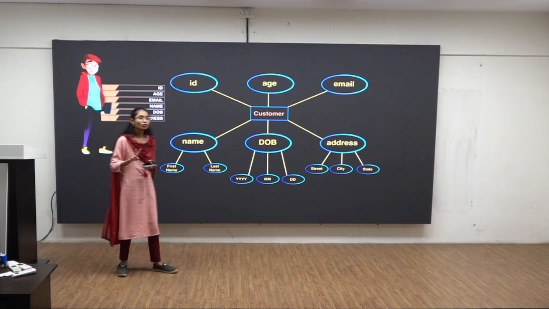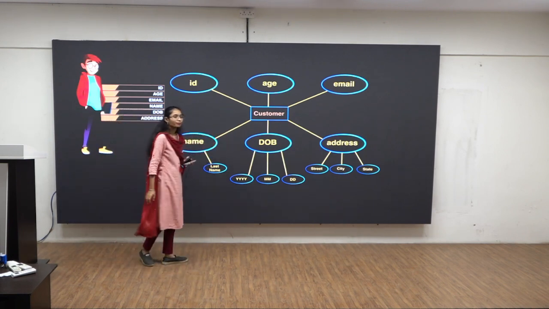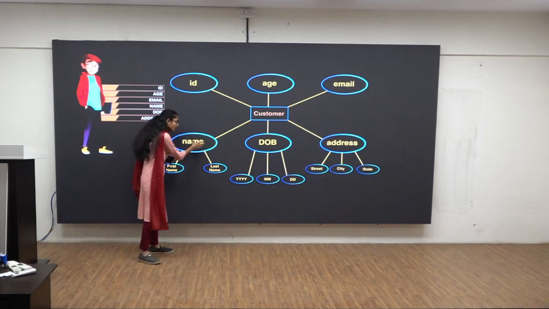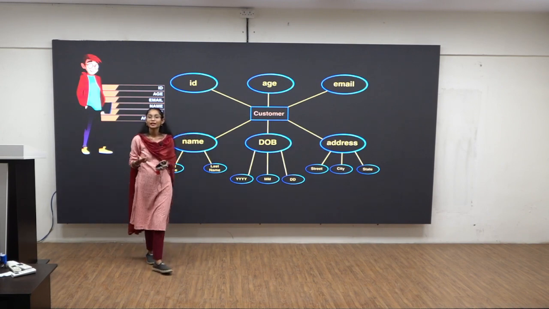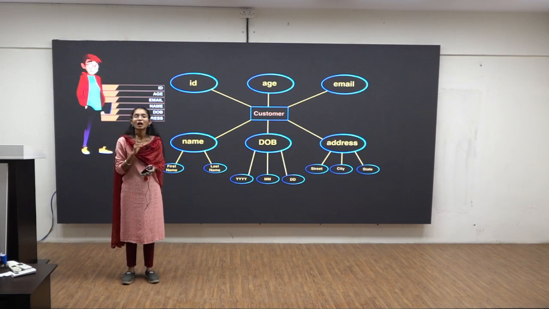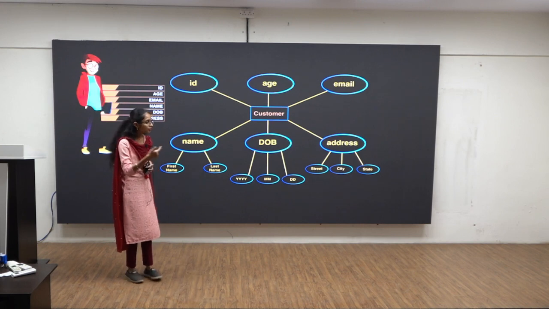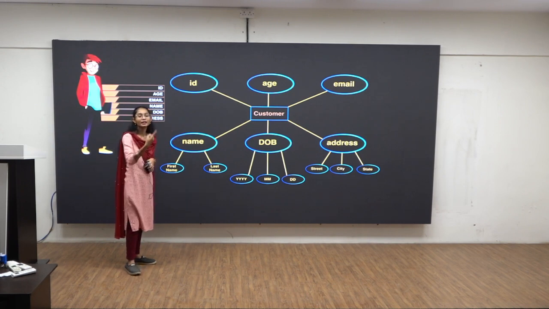So in attributes, there are two categories in this example: attributes which can be divided further and attributes which cannot be divided further. So in this example, how many types of attributes do we have? Two types. First, attributes which we can divide, and attributes which we cannot divide.